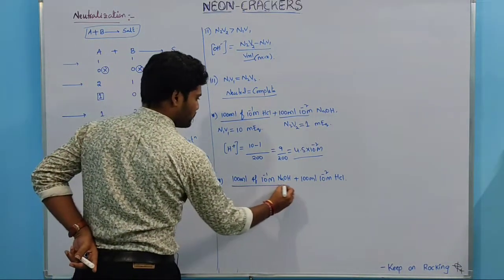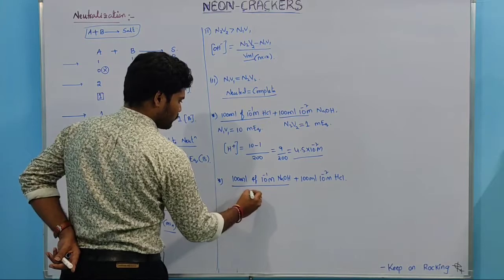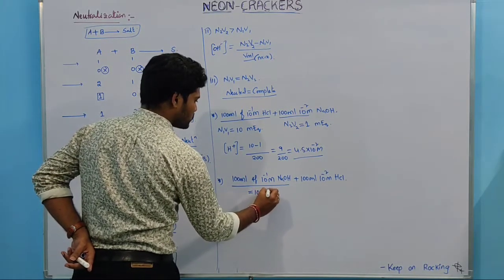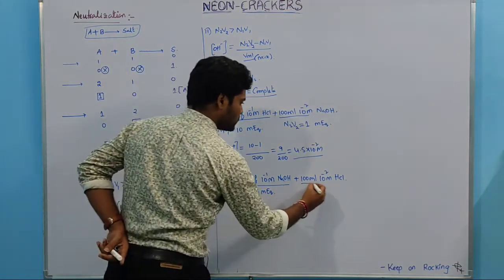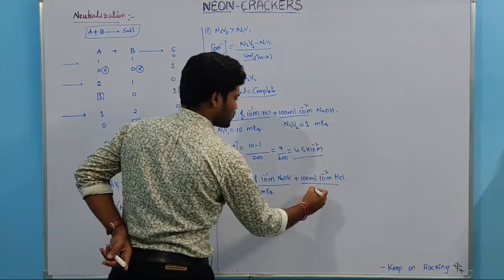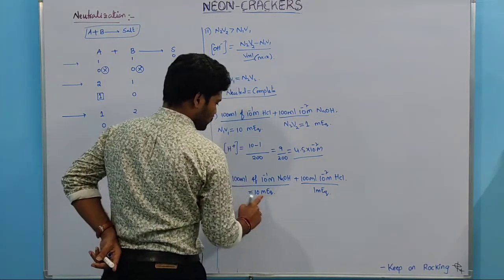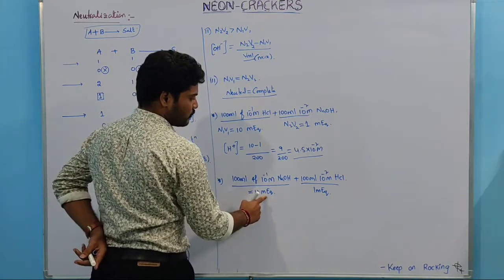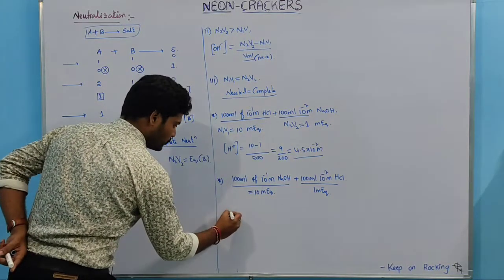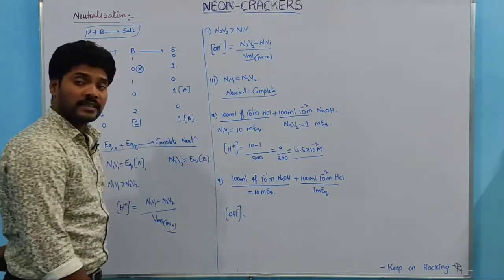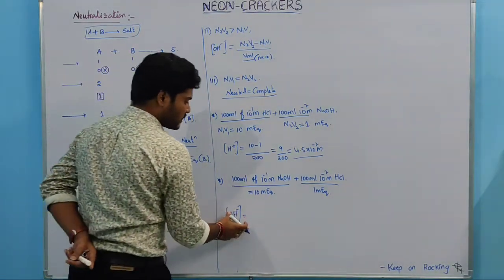So this is for base: base milliequimoles, 100 into 10 to the power of minus 1 is 10 milliequimoles, and this is for acid. So 100 into 10 to the power of minus 2 is what? 1 milliequimole. So which is dominant here? More milliequimoles of base. So what is the nature of this one? Basic nature.